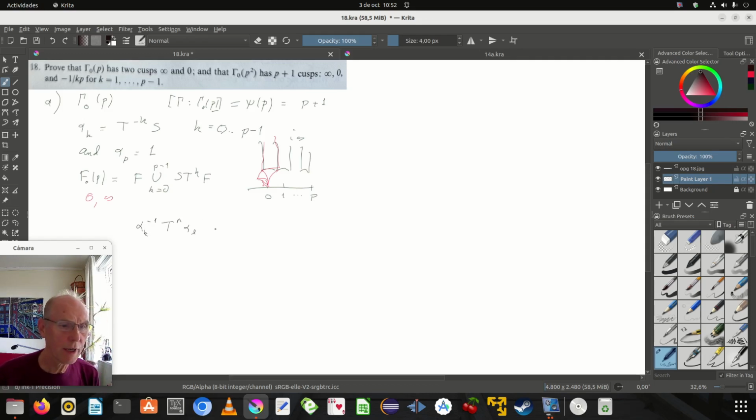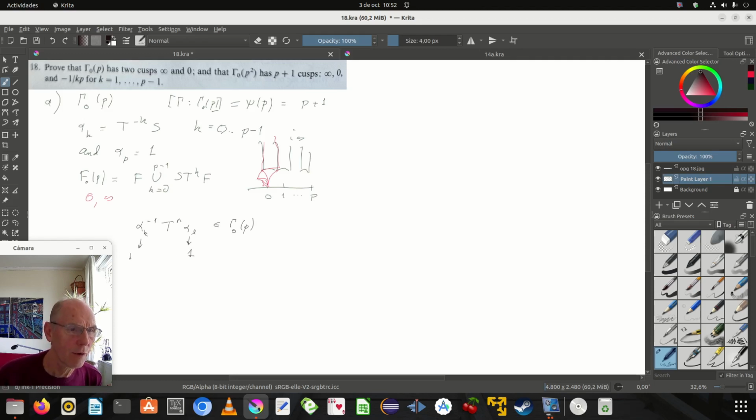They call it J, that for some n, this should lie in gamma naught of p, where this is the one having infinity. That means it's the identity.